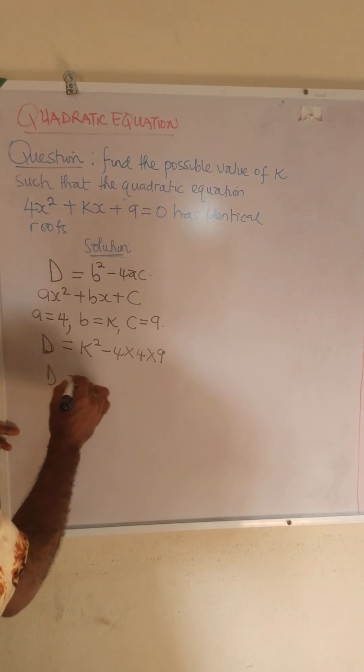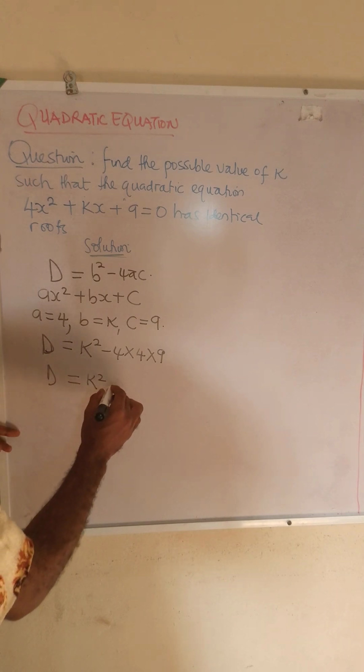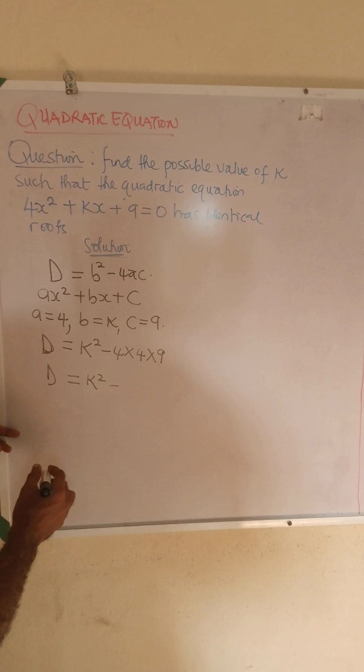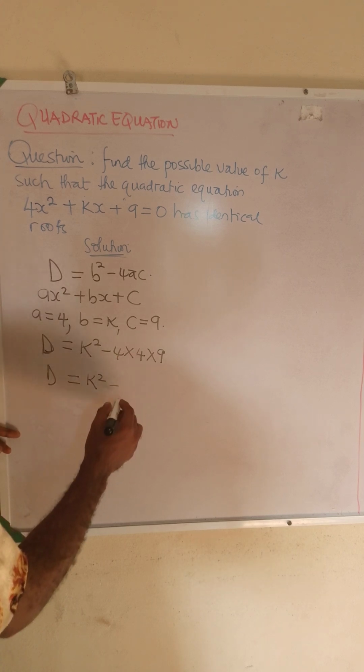So D equals k squared minus 4 times 4, which is 16.